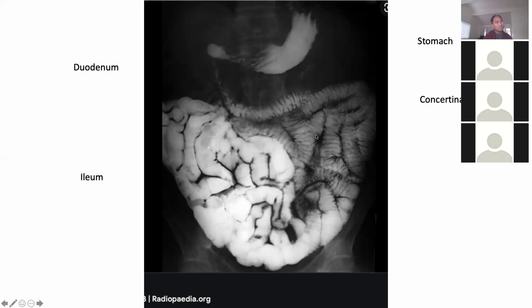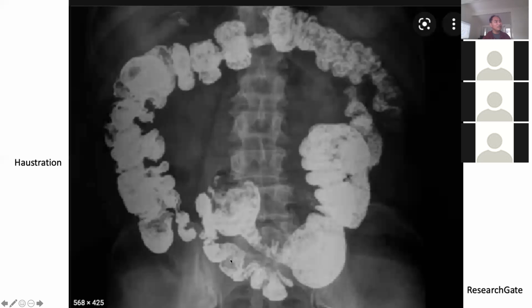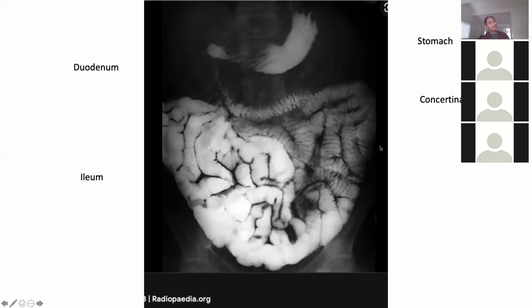Look at the loops of jejunum, and then gradually continue as the ileum, and then gradually we go into the cecum and ascending colon, transverse colon, descending colon, sigmoid colon, and rectum and anal canal. Hey, so what difference can you see between ileum and jejunum? This is the jejunum. This is the ileum.